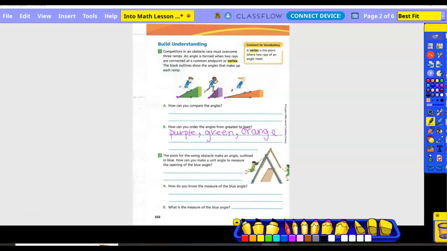Could we make like a little piece of paper, and could it be smaller than what that shows? Yeah. And then could we find that? Okay, so we could take a piece of paper, trace it, right? And then find that angle. All right, so then how would we figure out what the angle of the blue is?